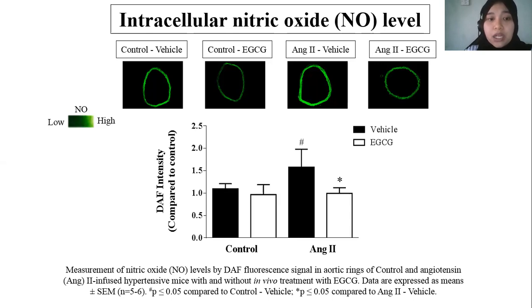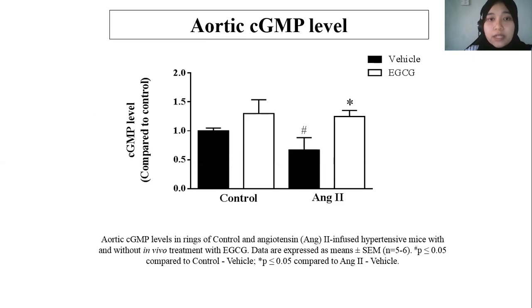So next, we move to the measurement of total cGMP level by using a commercial kit. This measurement of aortic cGMP level uses an ELISA kit.